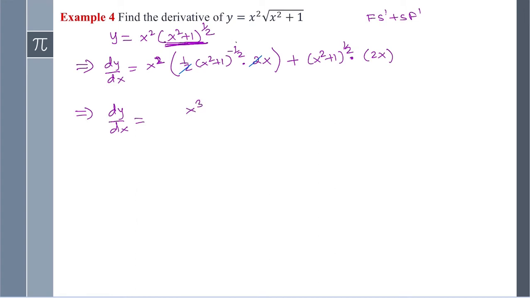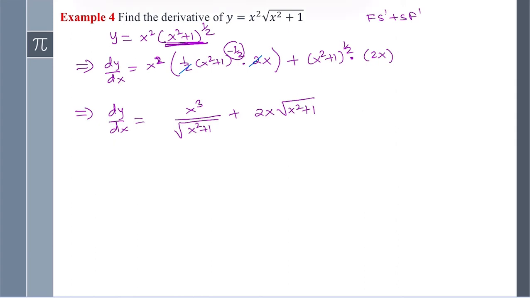Now we have this negative exponent, so we'll put this under that x cubed, in the denominator, which is (x squared plus 1) raised to 1/2, but that is the same as saying the square root of that, okay? Now plus here we have 2x times the square root of x squared plus 1. We can leave it here, but it looks like we can combine this one, make a common denominator and then combine it.